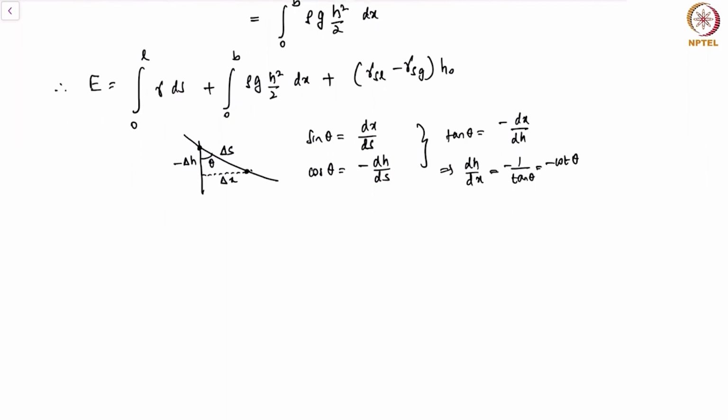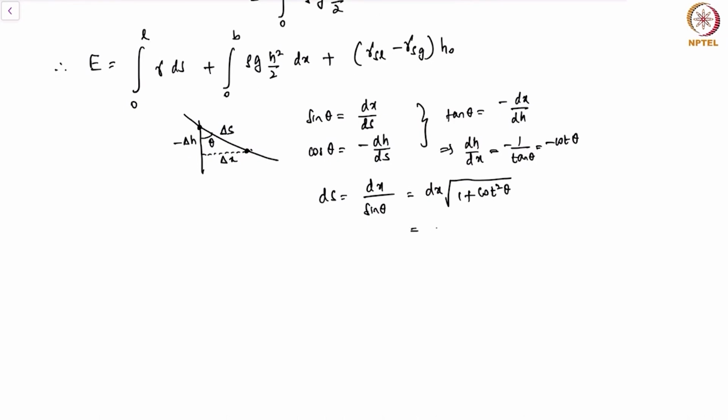We can also write ds as dx by sine theta, or this is nothing but dx times cosecant theta, or that is nothing but 1 plus cot square theta, because that is cosecant theta, and this is dx times 1 plus hx square, right?